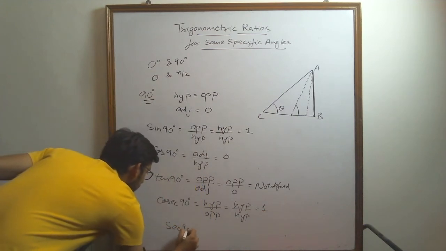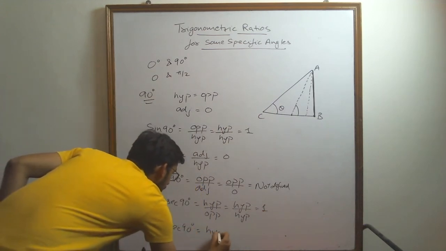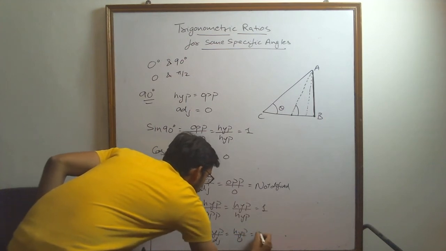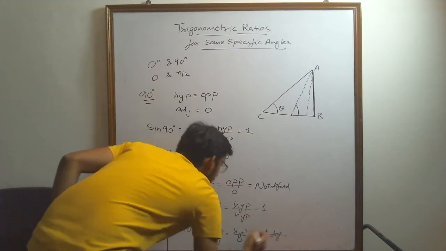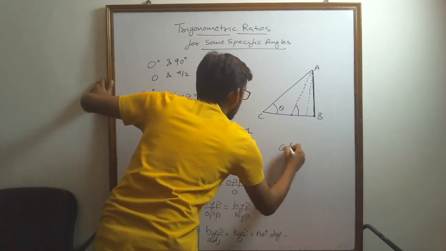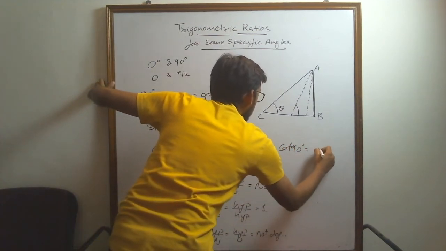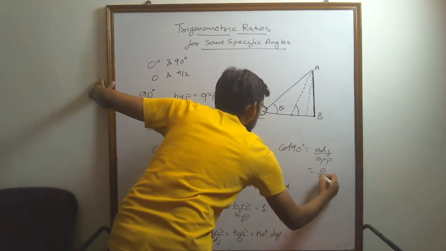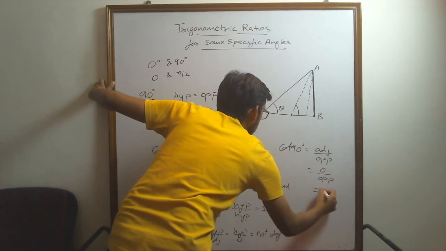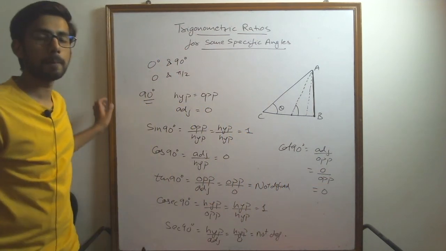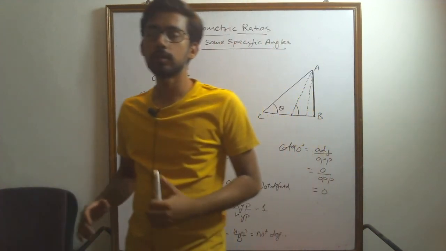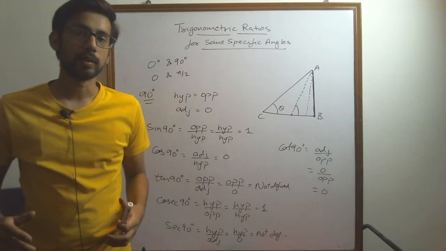Sec 90 degrees is equal to hypotenuse upon adjacent, which is equal to hypotenuse upon 0, so this is not defined. And cot 90 degrees is equal to adjacent upon opposite, so this is 0 upon opposite, which means this is 0. So we get all the trigonometric ratios for 0 and 90 degrees this way.